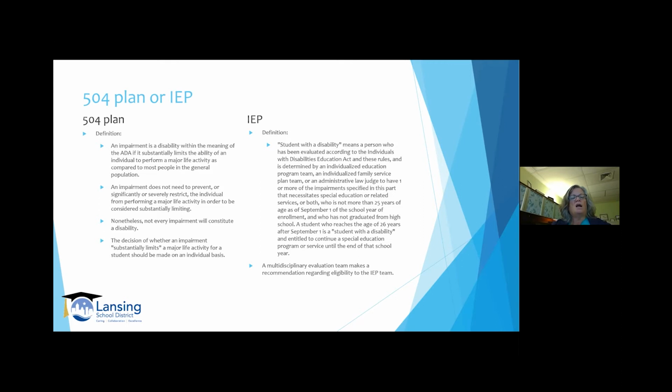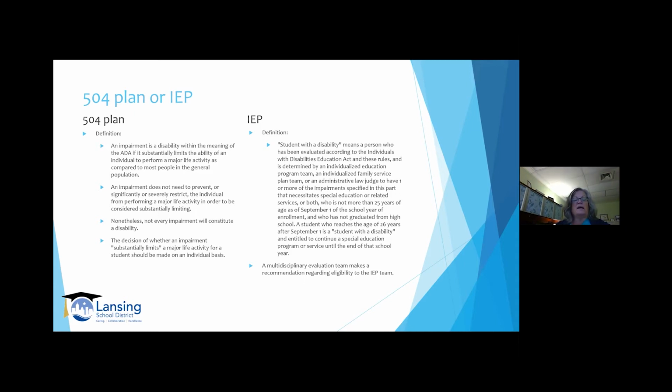So when we talk again about the impairment under the 504 plan, it does not need to prevent or significantly or severely restrict the individual from performing a major life activity in order to be considered substantially limiting.